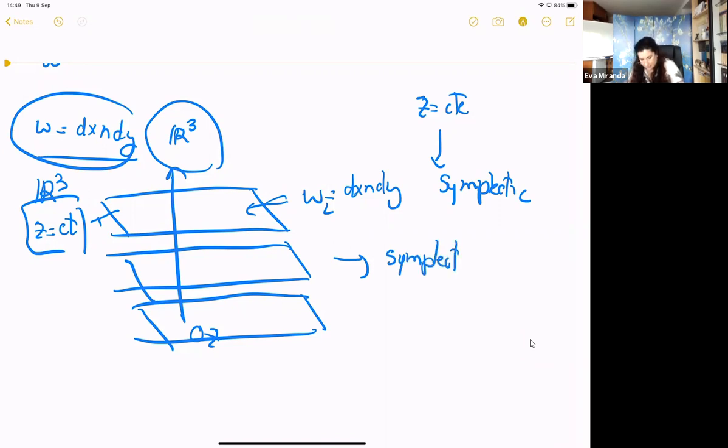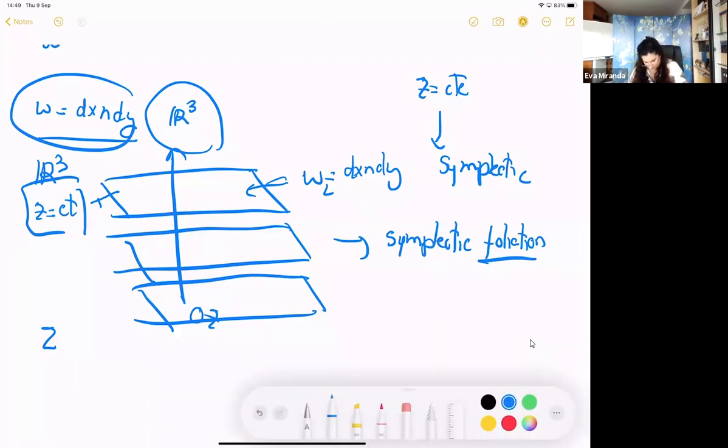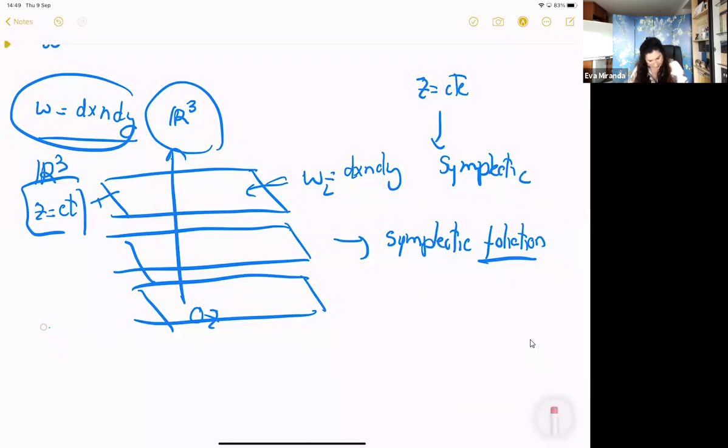In this example, I'm going to leave you an exercise to think about. The question is, do I have a vector field X which is transverse to this leaf and which is Poisson?